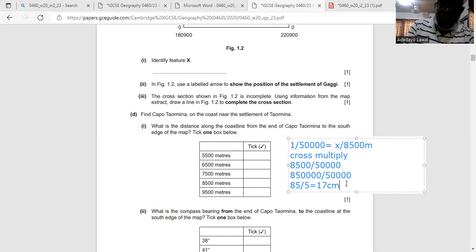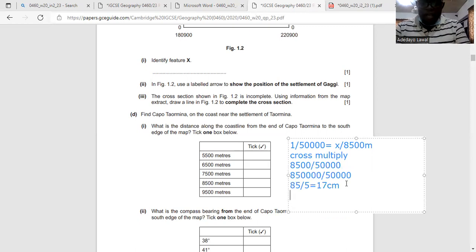Because, for example, if it's 17 centimeters, let me just do it in reverse. That's 17 multiplied by the scale, which is 50,000. And this will give you 5 times 17, 850.